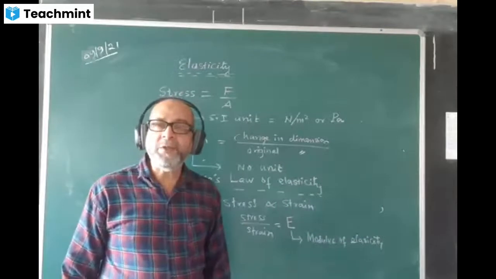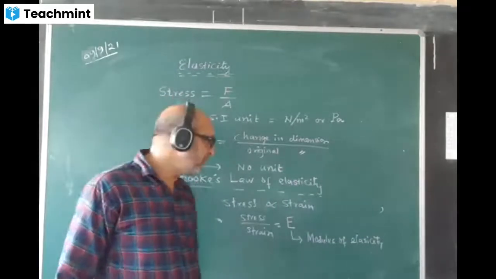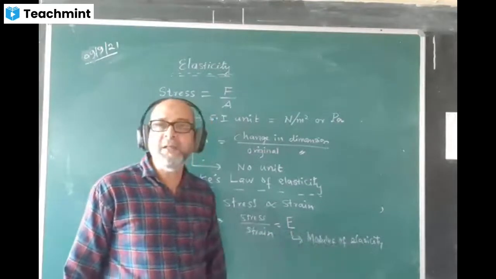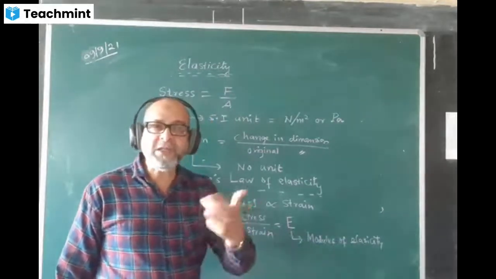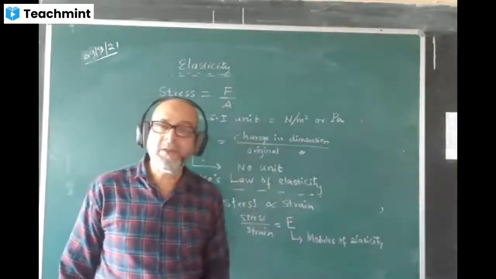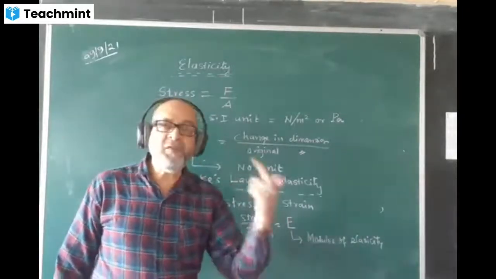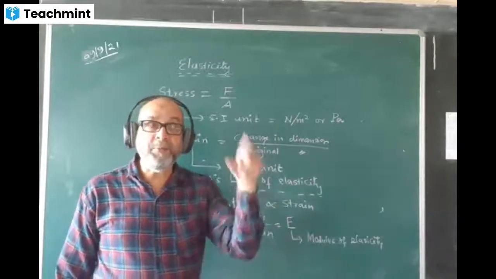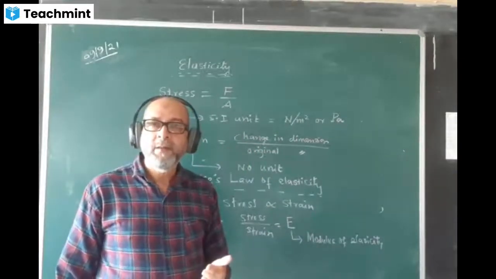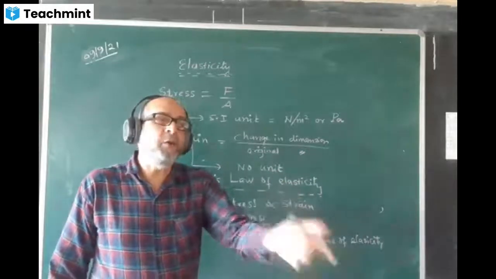It carries that information. Can you guess what will be the unit of modulus of elasticity? In short, we are just measuring elasticity. Like friction, we measure by the coefficient of friction of a surface. How much friction a surface will give is measured by the value of mu. If the value of mu is more, we say more friction is available.